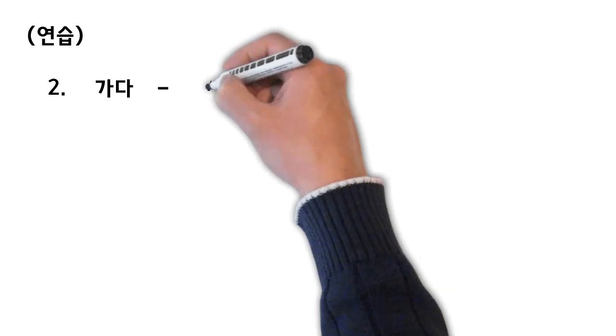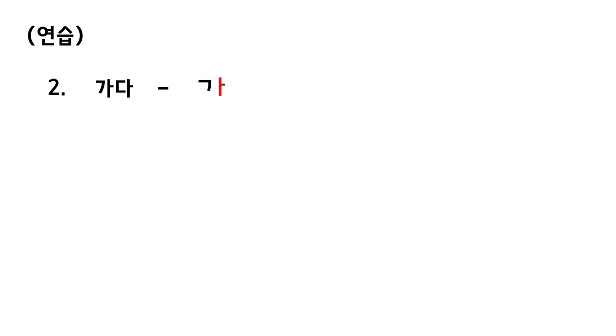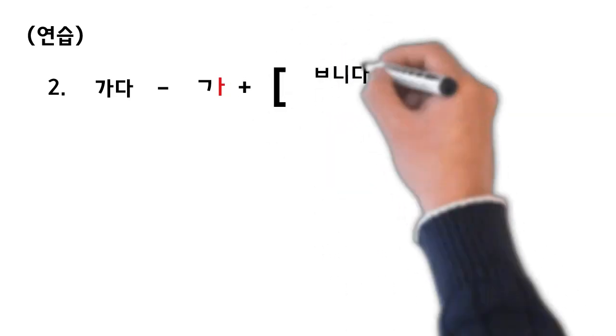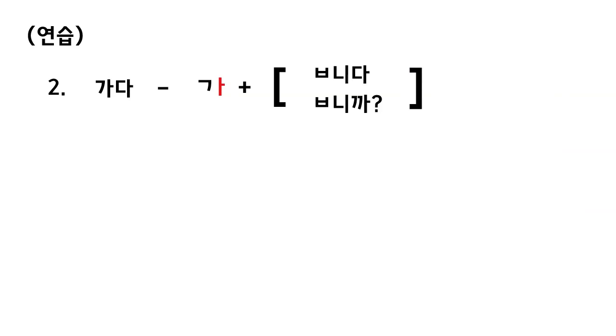가다. 가다 is to go. 가 is a verb stem, drop 다, which is a dictionary form ending, and attach 비읍니다 or 비읍니까 to the verb stem 가.